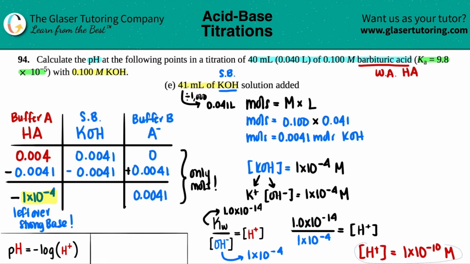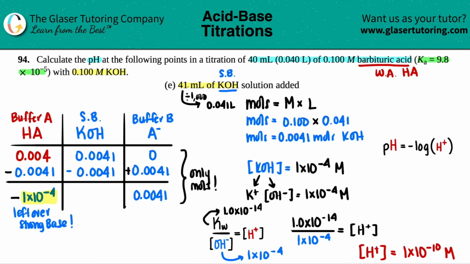Okay, so now, actually, I'll leave it there. We'll take up this pH equation because we're coming down to it. And I can basically get rid of this. So now we found out that the H plus is 1 times 10 to the negative 10th. So all I have to do is plug it in and find the pH. Oh my goodness.